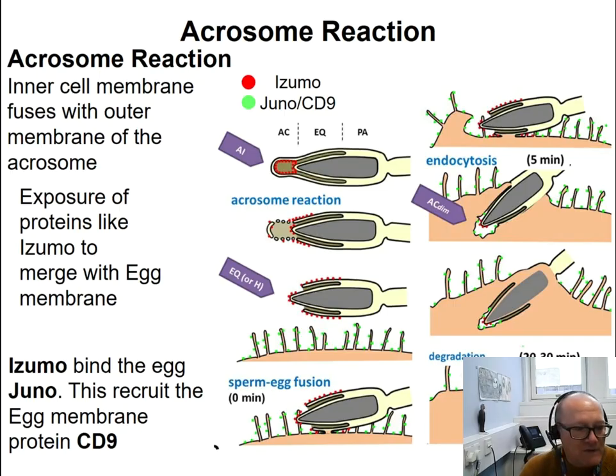The binding of Izumo and Juno and CD9 is fundamental for the fusion of the membrane of the sperm head and the membrane of the egg. After the fusion of these membranes, the nucleus containing the paternal DNA is released inside the egg, and we have nuclear fusion, we have fertilization.